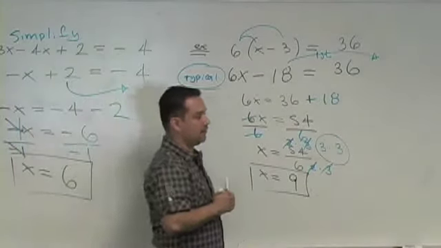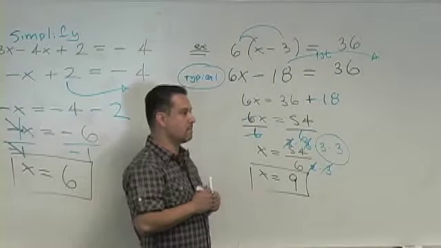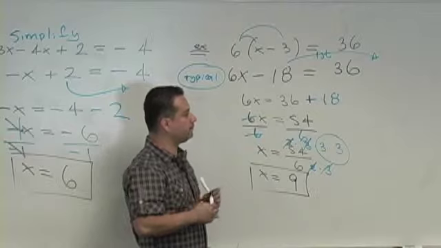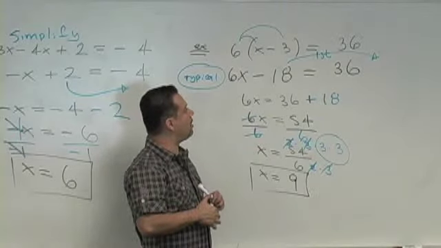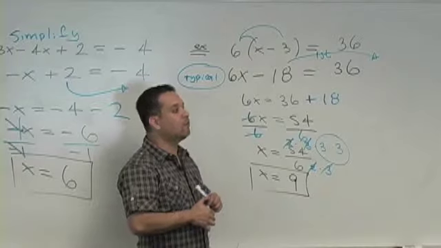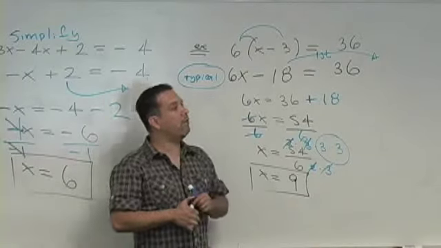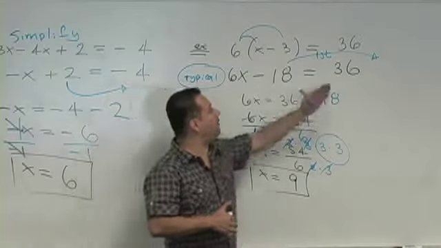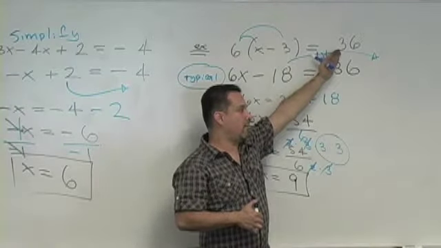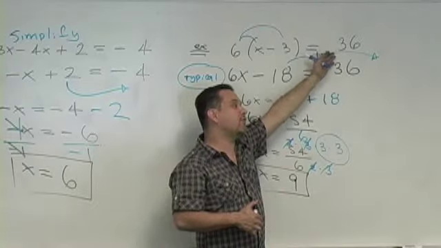Yes? Why wouldn't you just divide by 6 in the beginning? Like divide 36 by 6 and then x minus 3 equals 6. You could do that. You're right. But what if you have 35 here? Now, I'm not saying that you can't do the problem still the way you describe with 35.